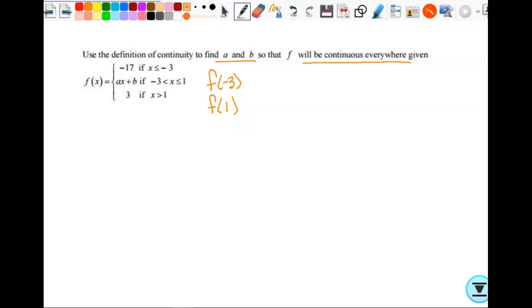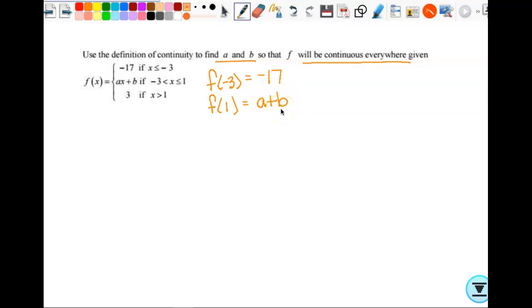Okay? So what is f of negative 3? Negative 17. And then what is f of 1? You sure about that? Yeah, it's the middle one. Here's where 1's included, right? So if I substitute in 1 for x, I actually get a plus b.